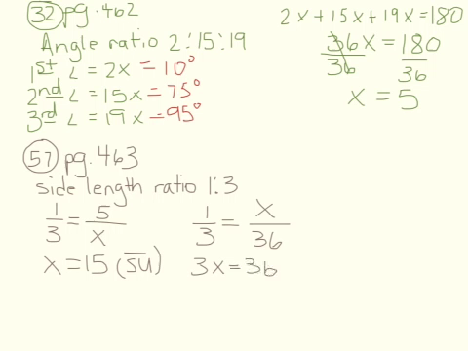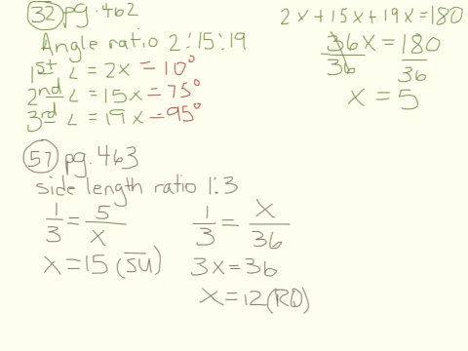When I divide both sides by 3, I get x equals 12. So that's the base of the small triangle, which is RQ. And then I can do the other ones. I can do the hypotenuse of each, ST and PQ, using information that I already have.